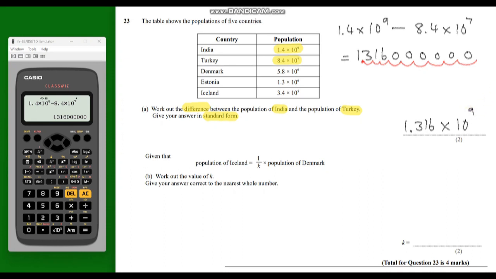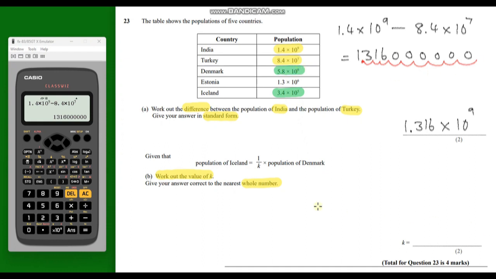Okay, let's look at part B. Given that the population of Iceland is 1 over k times the population of Denmark, work out the value of k. Give your answer correct to the nearest whole number. So let's write down what we've got. We're looking at the population of Iceland, which is this population here, and Denmark, which is this one.